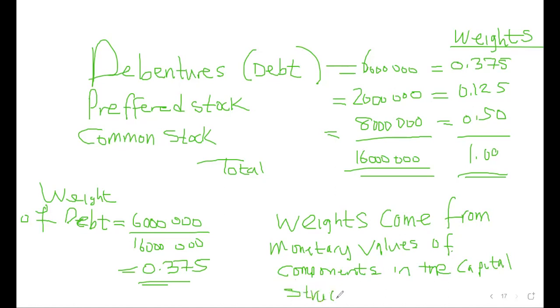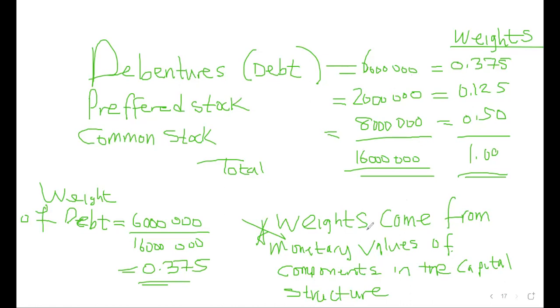All right, so this is just the major catch of what you need to know about the WACC. So meaning these weights, we have them: the 0.375, the 0.125, the 0.50.